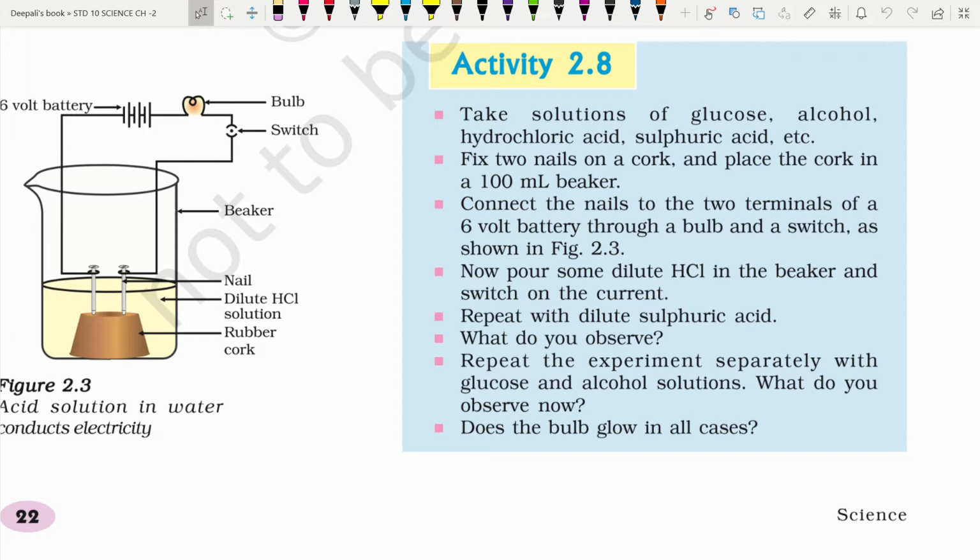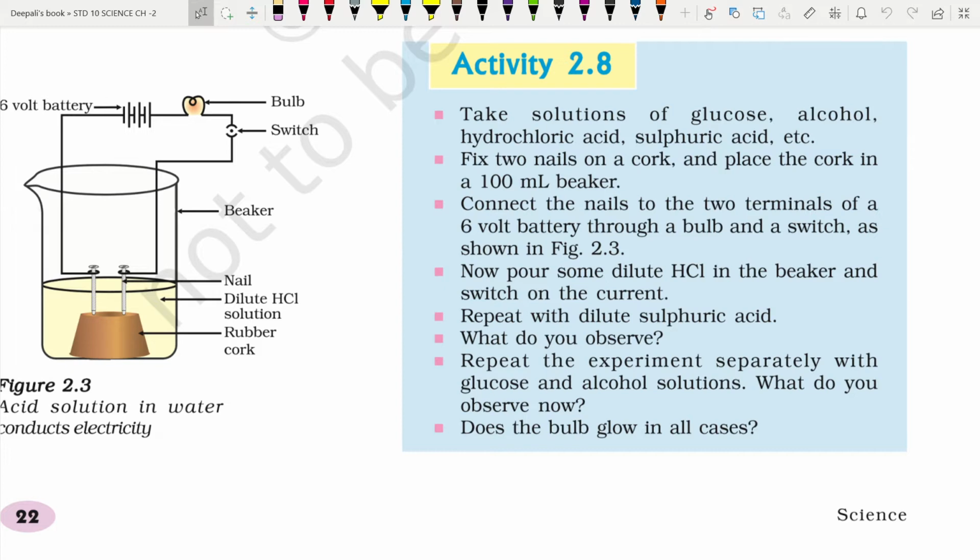Thus, even though alcohol and glucose contain hydrogen, they are not categorized as acids. So we can define acids as the substances which have the capacity to release H+ ions, whereas those which cannot release H+ ions are non-acids.